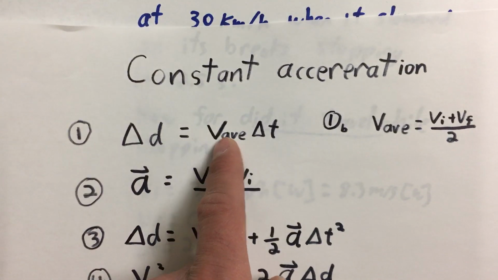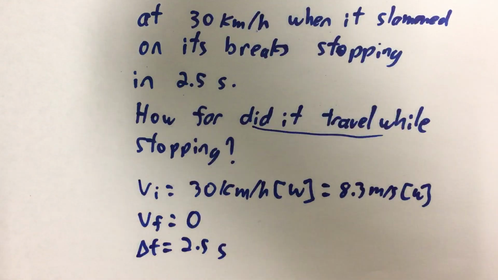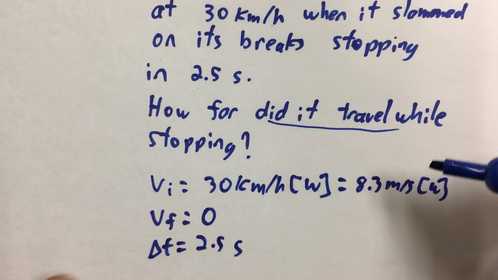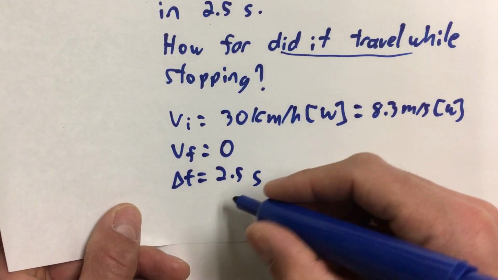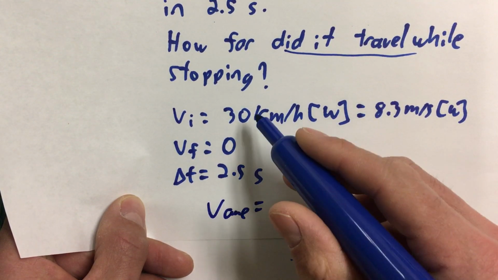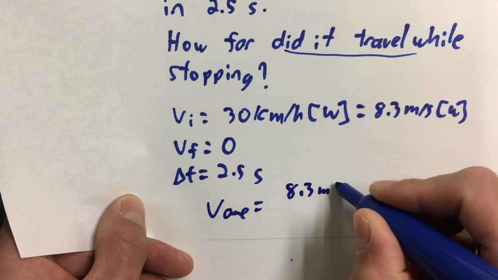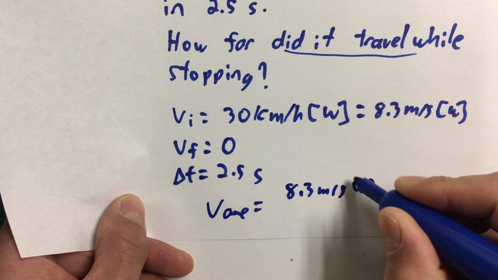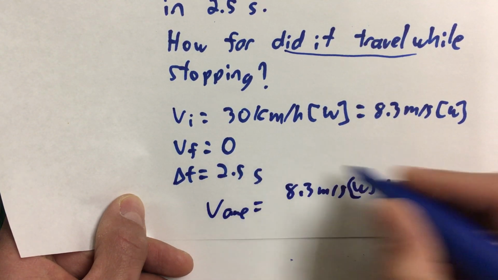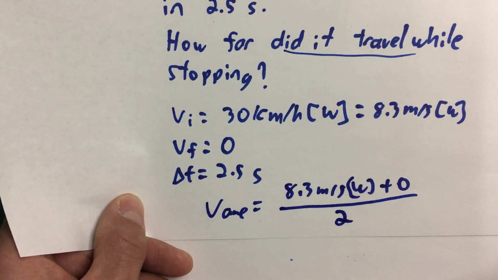And if we combine average velocity and time, we can find displacement. So we're going to do that. So the average velocity is the initial velocity, 8.3 meters per second west, plus the final velocity of 0, and that's divided by 2.